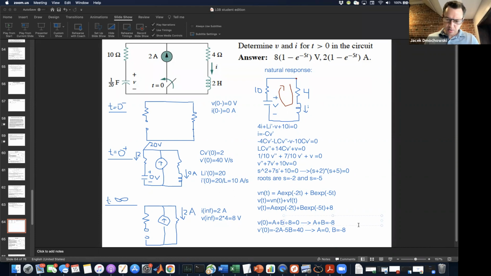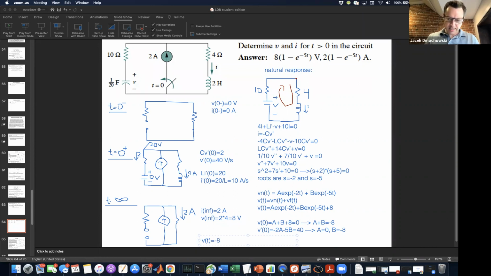And so now we have basically everything we need to write the solution for V. It's going to be equal to, so A is 0, so this term comes out, and B is -8.